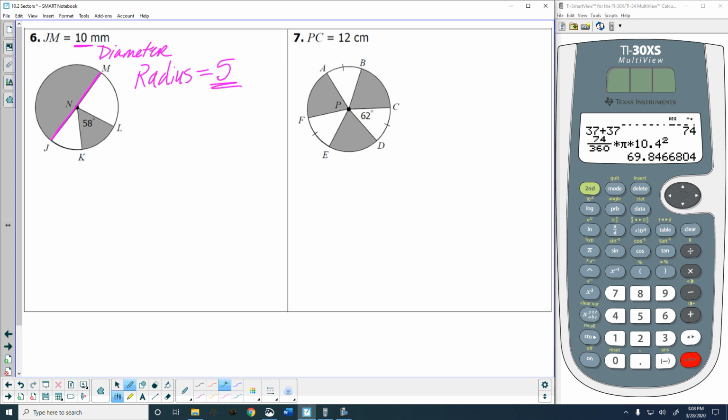Okay, so for the angle on this problem, we're given this 58-degree angle, plus we have this whole other side of the circle. So that would be a 180-degree angle.